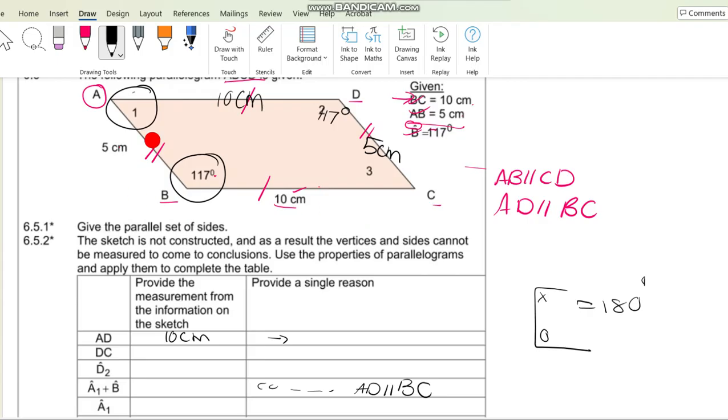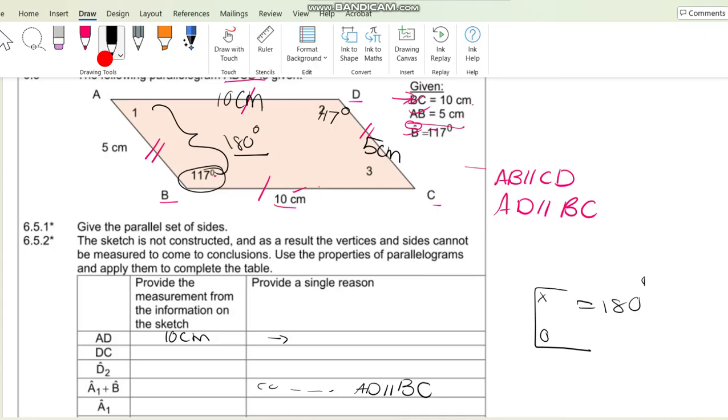If they ask you for corner A1, what are you going to do? You don't have a measurement for that yet, but let me just take away some of these lines that are interfering here. But that's now easy. If both of these sides are 180 degrees, just take 180 minus the 117 and you will find your angle for A, which is then 63 degrees.